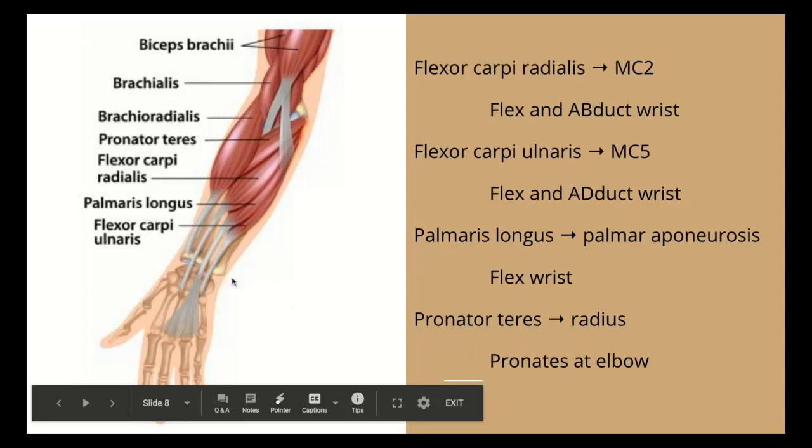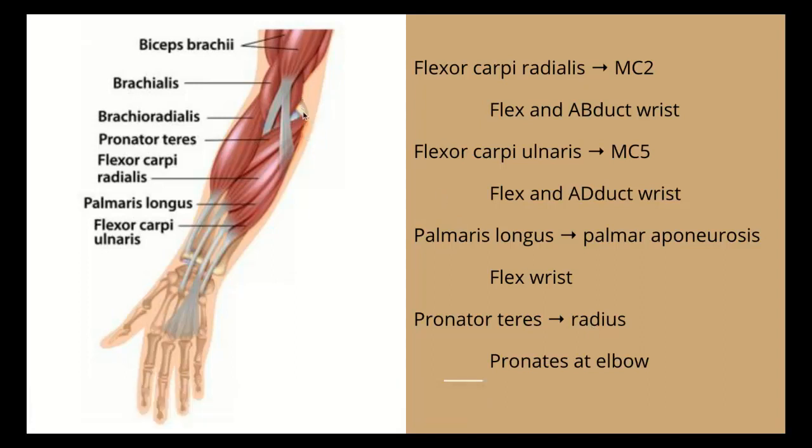So pronation is where essentially, if we're looking at the palm of the hand here, because it's anatomical position, then it's going to be flipping the hand over. So you can imagine just flipping the hand. So it's going to be originating also at that medial epicondyle, but then it's going to be inserting over here at the radius.